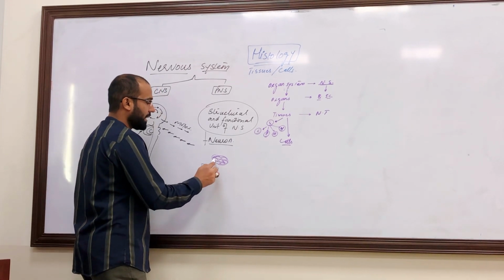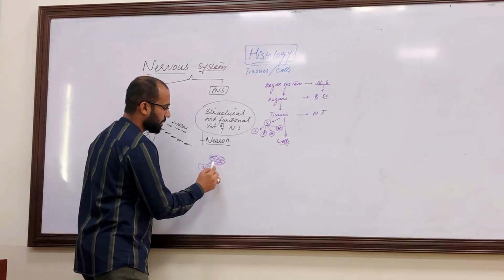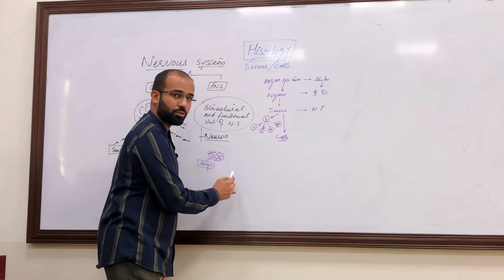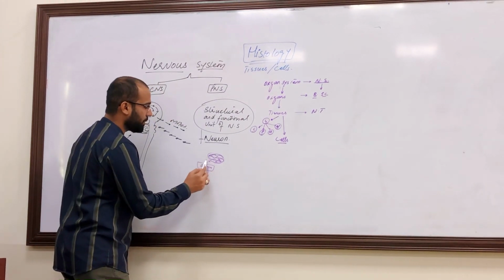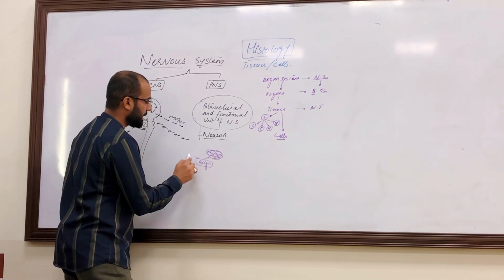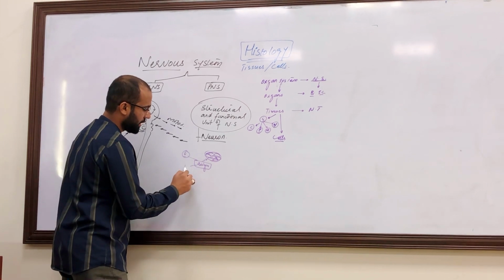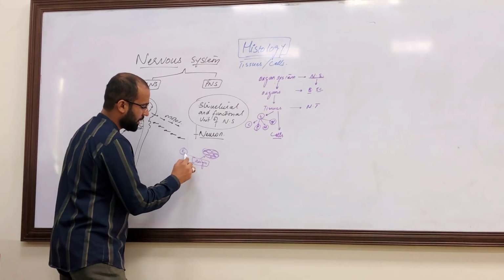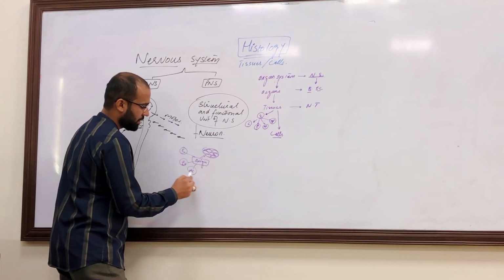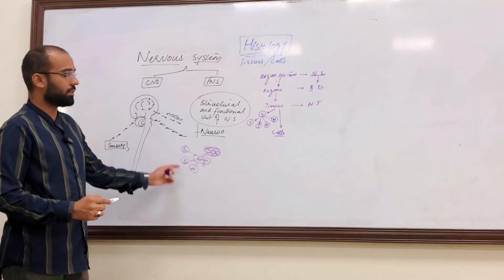If this is a tissue and these are the constituent cells making the tissue, these cells must have the same origin, either ectodermal, endodermal, or mesodermal. These are the 3 origins you have.